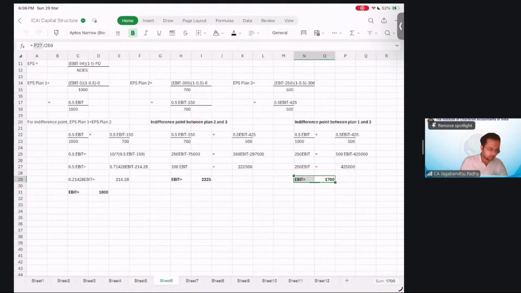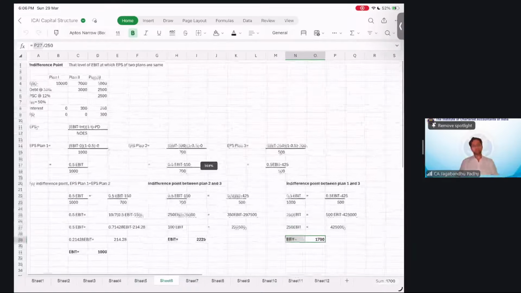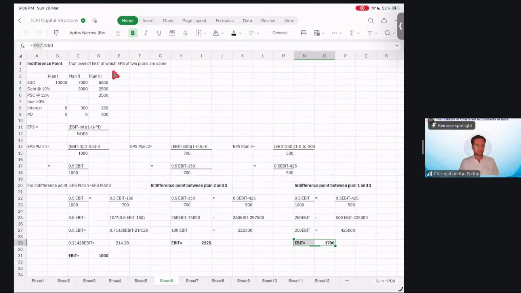Then we have the point of indifference. The point of indifference is that level of EBIT at which the EPS of two plans is the same. So the EPS of plan 1 is the same as the EPS of plan 2, and the indifference point between plan 2 and 3 can also be computed in a similar way.